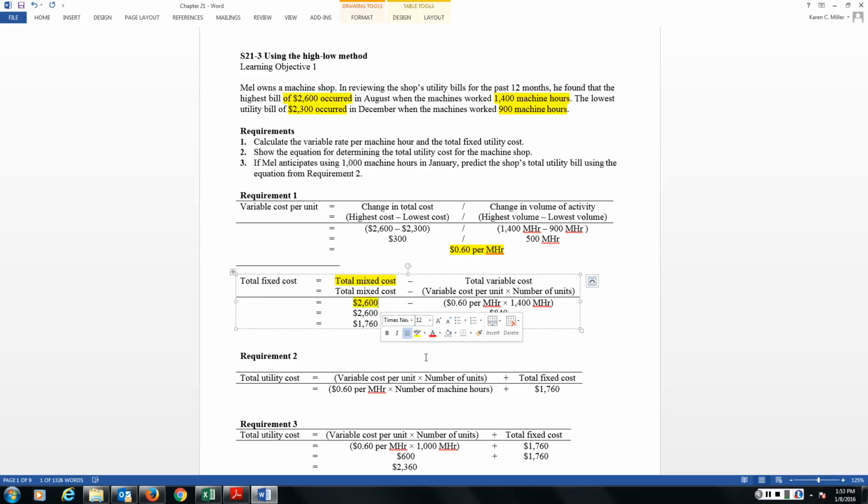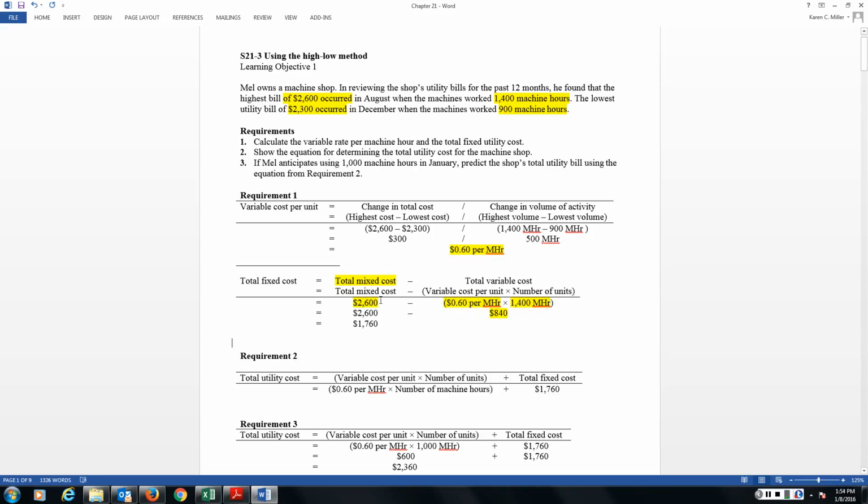So if we take our total cost of 2,600 and subtract our variable cost, how do we know what that is? Well, we've determined that it's 60 cents per machine hour, and my machines during the month when we incurred 2,600 in utilities were running 1,400 machine hours. So 60 cents per hour for 1,400 hours is $840 in variable cost for that month.